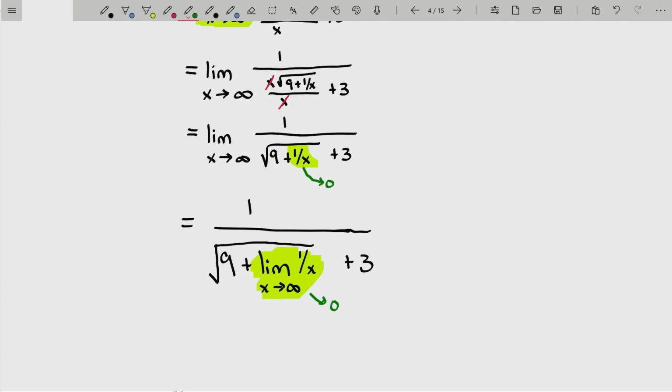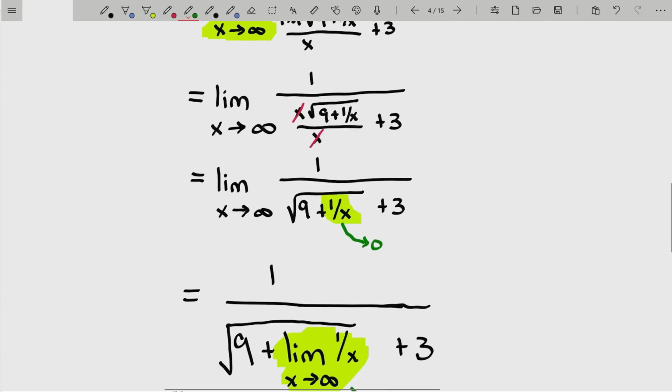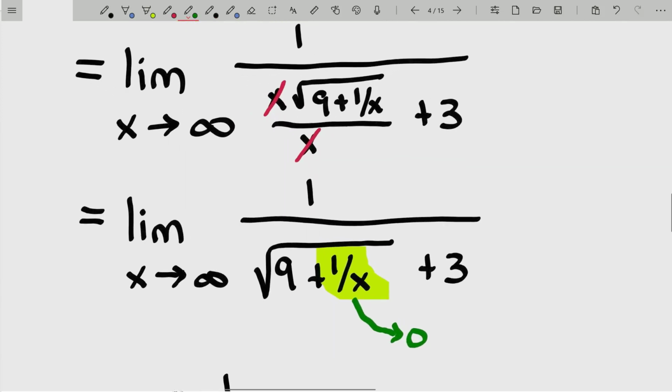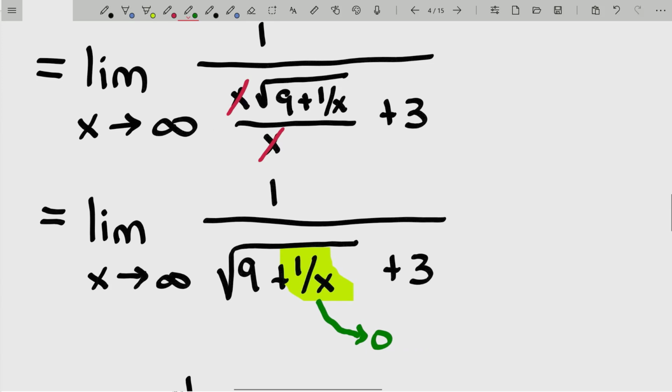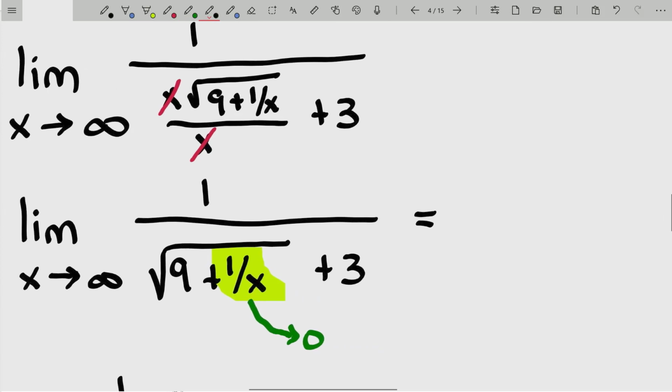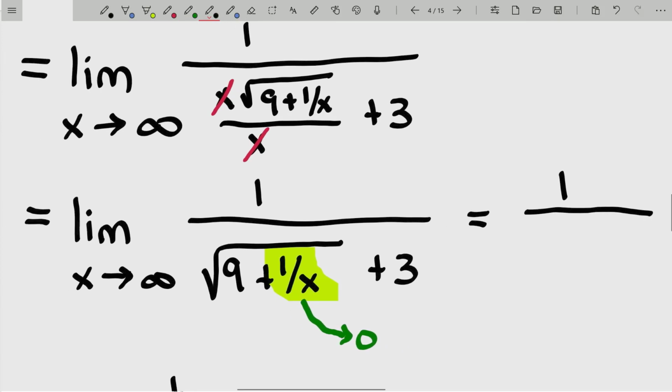However, I'm somewhat forgiving with that as an instructor, and I am perfectly fine with students going to this point and saying, oh, but I have a theorem that says 1 over x as x goes to infinity approaches 0. Thus, this is equal to 1 over, notice I'm not writing limit anymore.